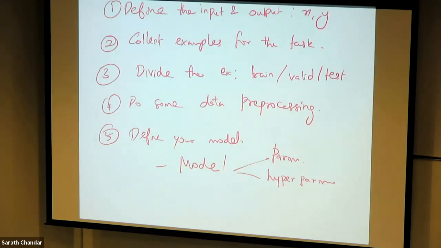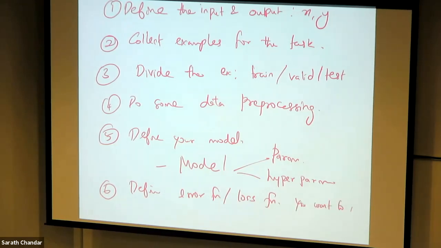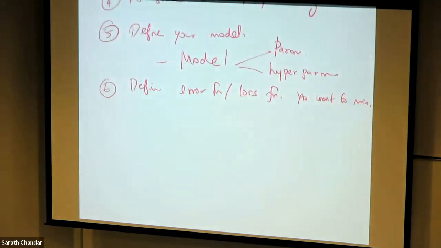Then the next step is to define the error function or the loss function that you want to minimize. Once you decide the error function, now you have a valid objective function, like a valid mathematical formulation. Now you can just minimize that.